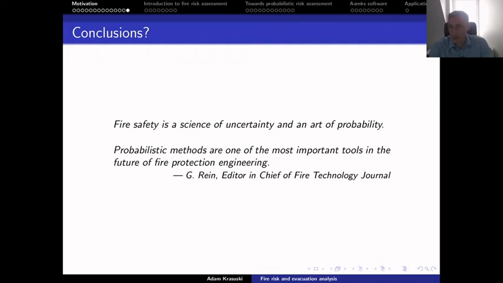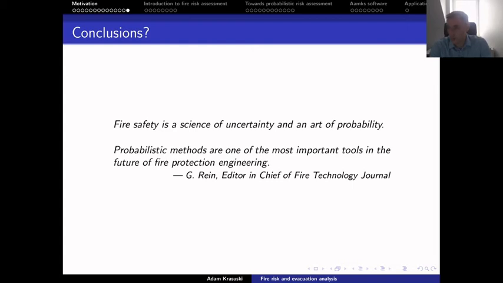So fire safety seems to be the science of uncertainty and an art of probability. And as the editor-in-chief of Fire Technology Journal, one of the prestigious journals in our domain, said, probabilistic methods are one of the most important tools in the future of fire protection engineering.